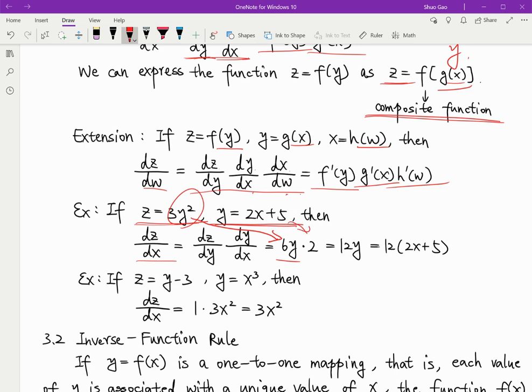The derivative of 2x plus 5 with respect to x is just 2. So this is 12y. And then next we plug in 2x plus 5 here. So this is just 12 times (2x plus 5), which is the result of the derivative.